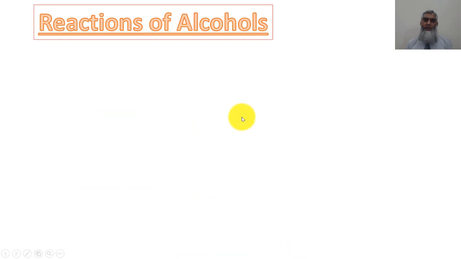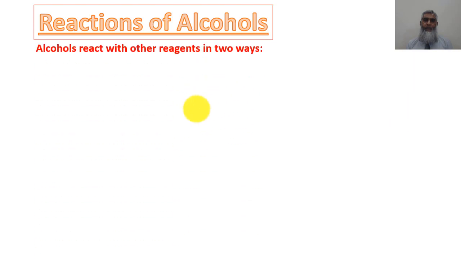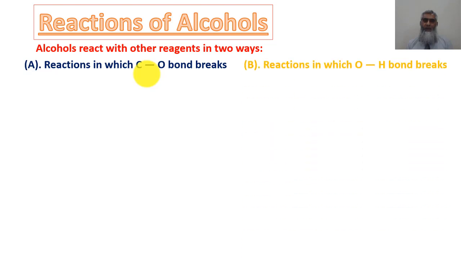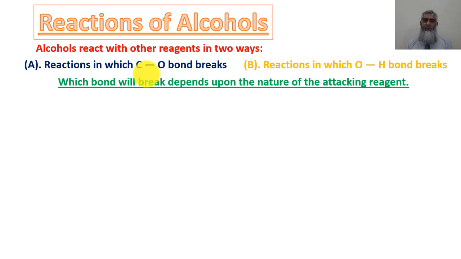Here today we will start from reactions of alcohols. Alcohols react with other reagents in 2 different ways. Number 1, reactions in which carbon-oxygen bond of alcohol will be broken, and number 2, reactions in which oxygen-hydrogen bond will be broken. Which bond will break depends upon the nature of the attacking reagent. Alcohol contain OH group.